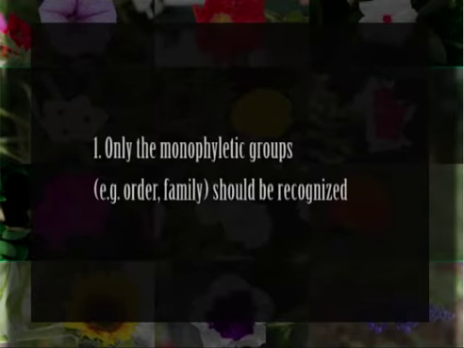The main principles that have been proposed for the APG classification are: number first, only monophyletic groups, for example, order and family, should be recognized, that is, consisting of all the descendants of a common ancestor. The main reason for the previous classifications to be avoided is that they were not monophyletic.